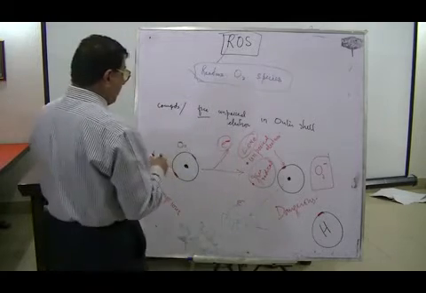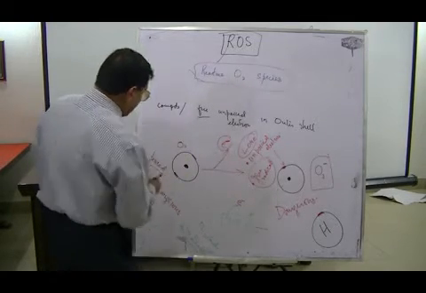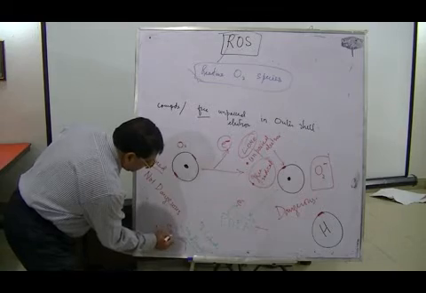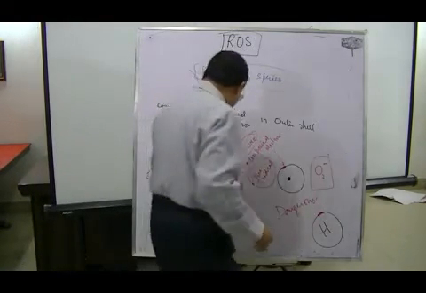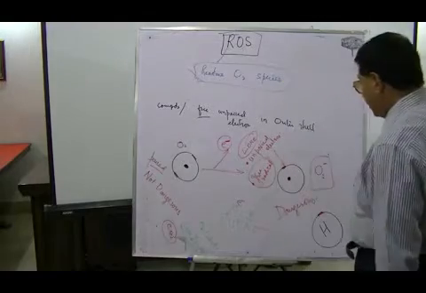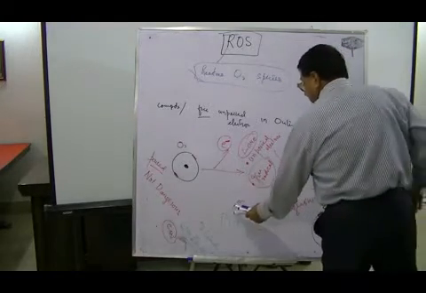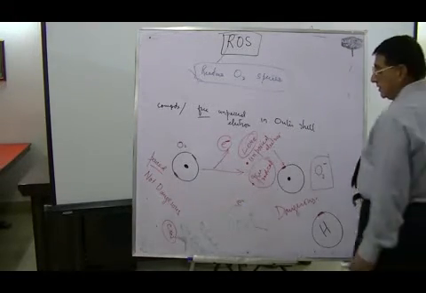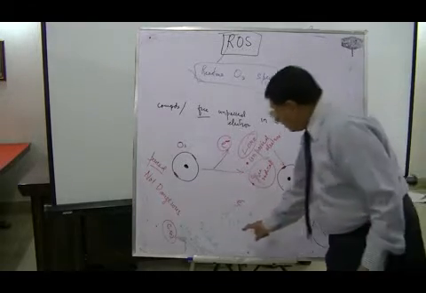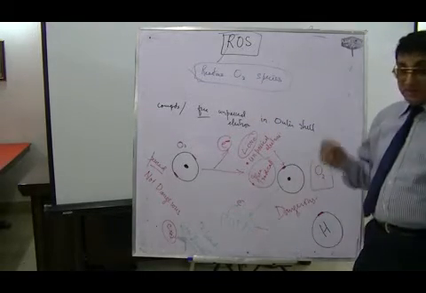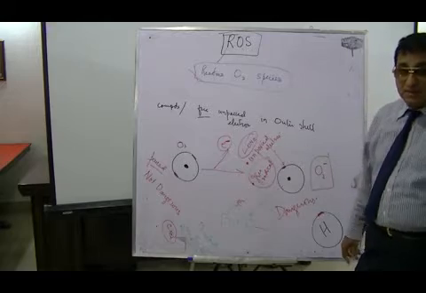And where is the PUFA on the cell membrane? It is at carbon number 2. And so it damages the phospholipids, it damages the cell membrane. When it takes that electron out from the polyunsaturated fatty acid, this polyunsaturated fatty acid itself becomes an attacking radical.